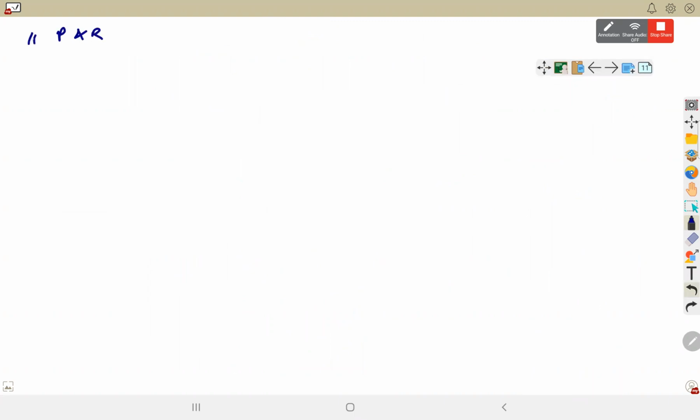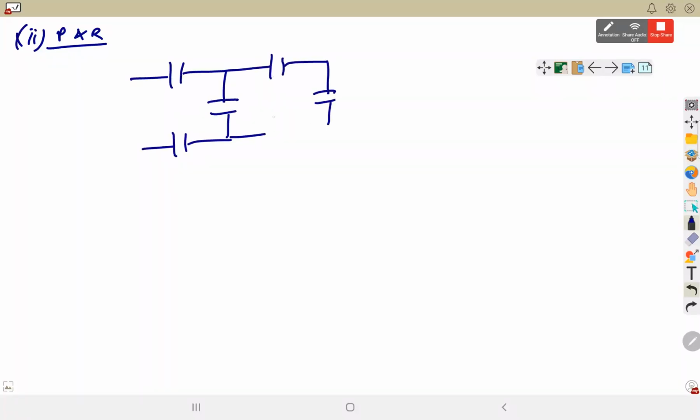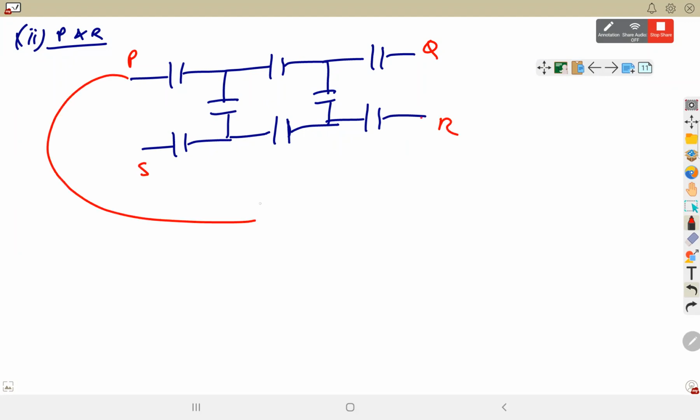Between P and R. Rahul, what is between P and R? Rahul, यस सर. सर मैं सॉल्व कर रहा हूँ. जो P और R में कनेक्ट करेंगे तो Q और S वाले हट जाएंगे. These two will be gone.